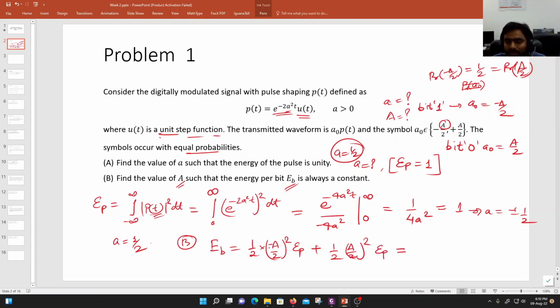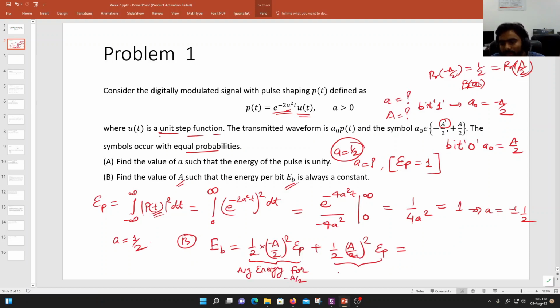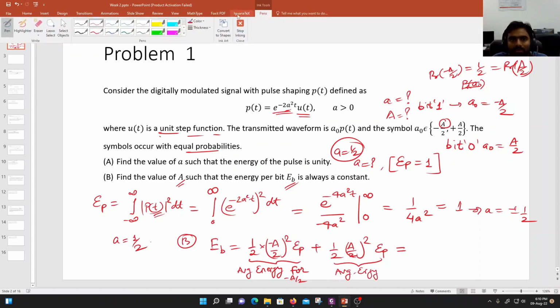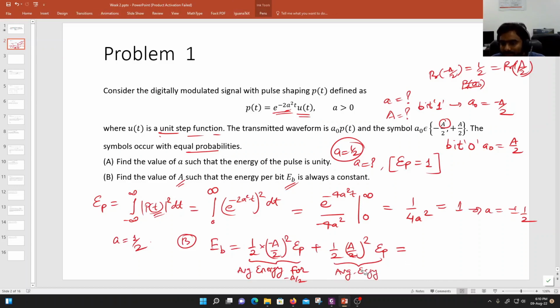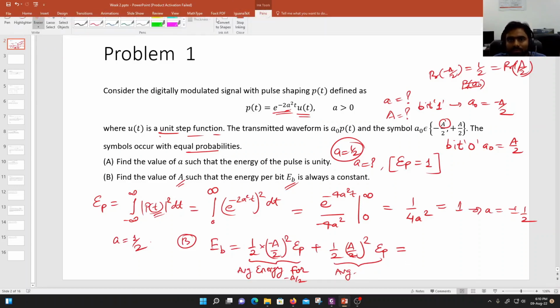So this is the average energy for the occurrence of minus A by 2, and this is the average energy for plus A by 2.